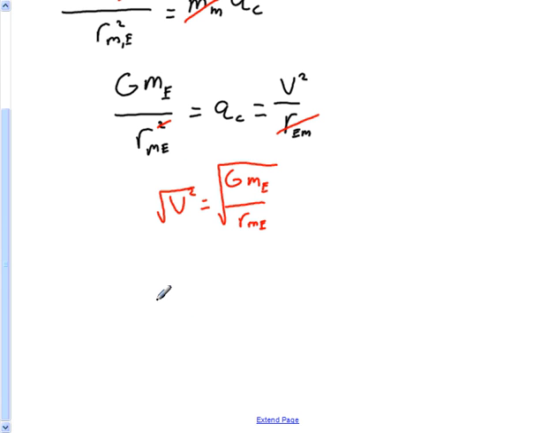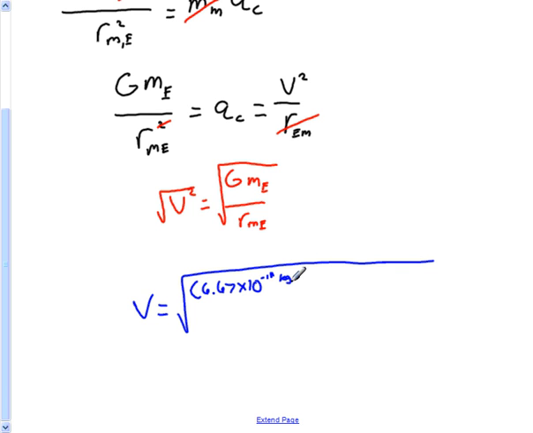And I just like switching colors. So v is equal to the square root of, putting everything in here, 6.67 times 10 to the negative 11th meters cubed per kilogram second squared.